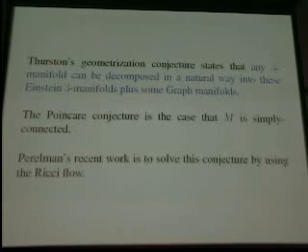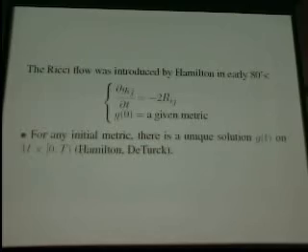The paramount recent work is to solve this conjecture by using the Ricci flow, which I'm going to say a little bit about in the next half hour. The Ricci flow was introduced by Hamilton in the early 80s. It provided a method of deforming a metric towards an Einstein metric, deforming in the direction of the Ricci curvature.